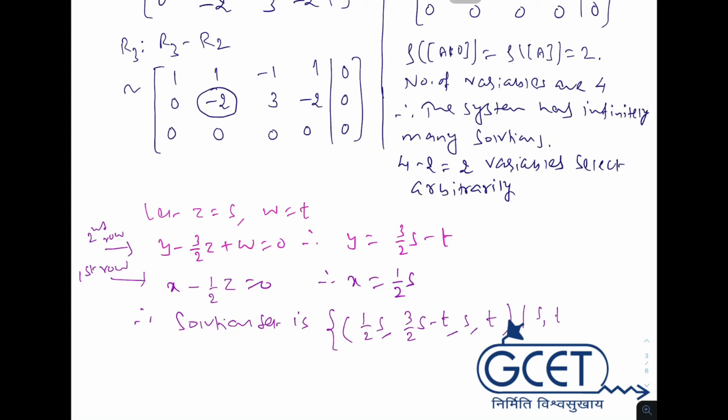So s and t are any real numbers. As many s and t we have, we have the solution. So we are having infinitely many solutions. Thank you.